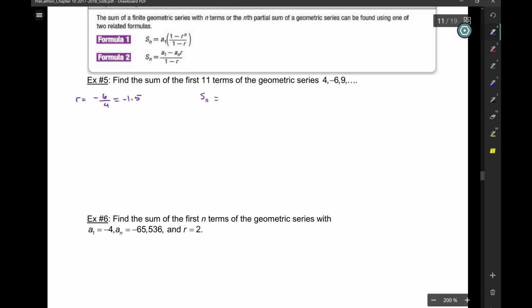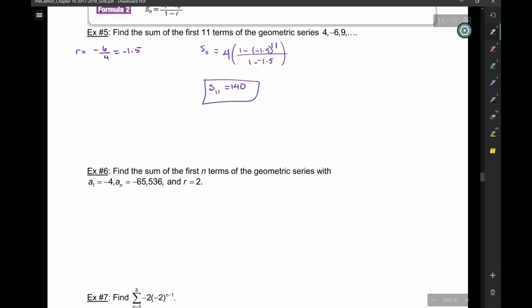So A1, which is 4, times 1 minus negative 1.5 to the 11 over 1 minus negative 1.5. So S11 is 140. I mean, no. When it says all the terms, I'm going to 11. n is 11. We're finding the first 11 terms.